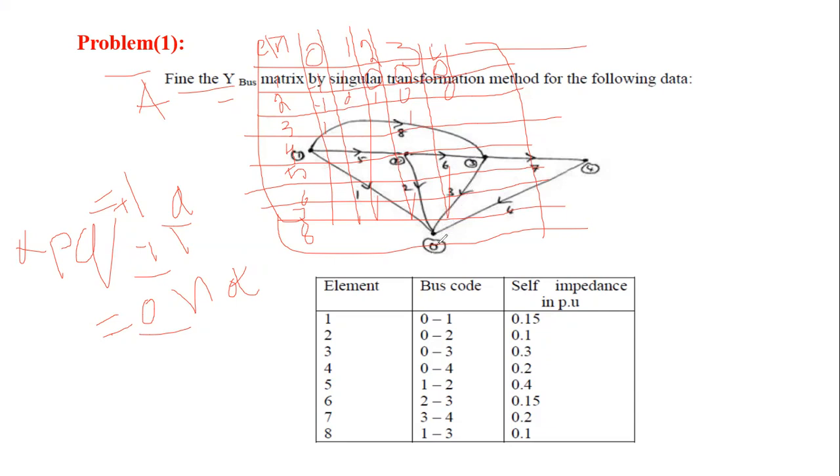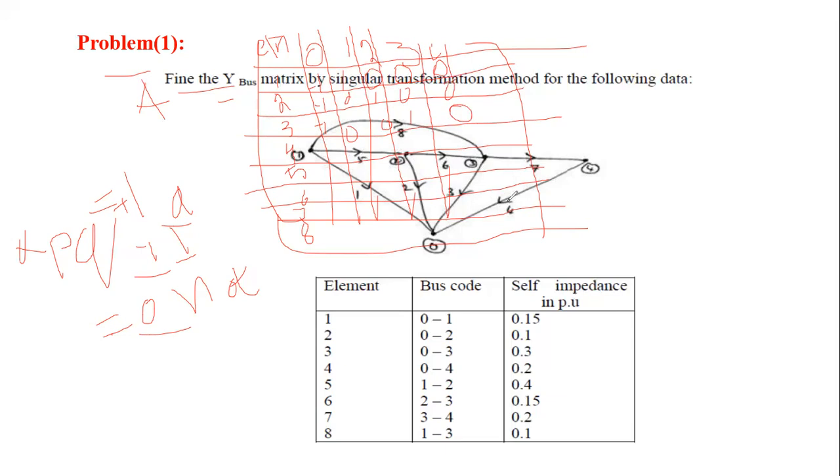Towards means -1. Next, element 3 is away from the third node. Away from the third node means we consider it as positive, and the remaining values are 0, 0.